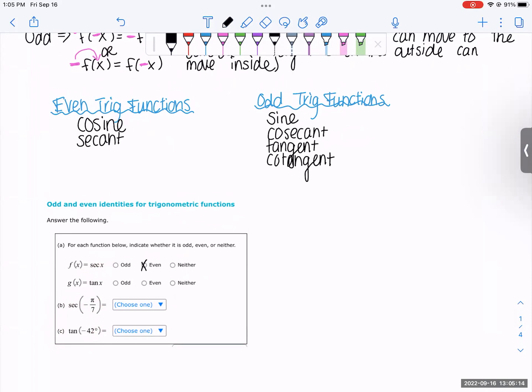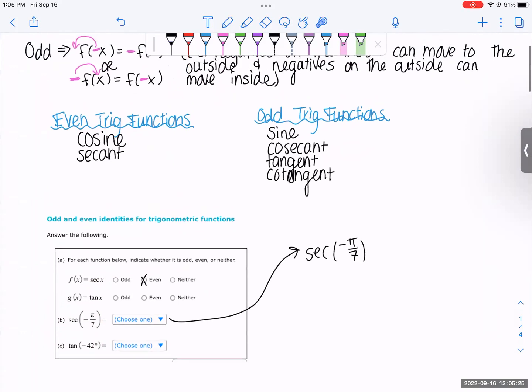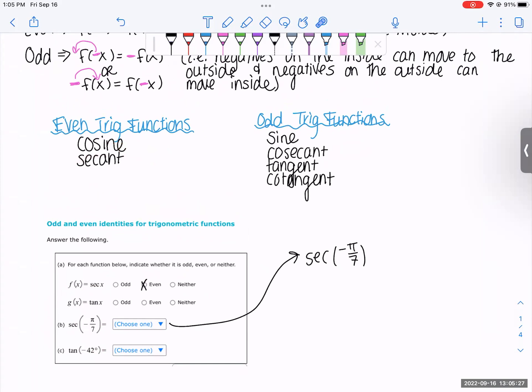If we look at this very first problem here, secant of negative pi over 7, because there is a negative on the inside and because secant is an even function, it means we can just ignore the negative. That's it. Because secant is even, secant of negative pi over 7 is the same as secant of pi over 7. And that drop-down menu would have secant of pi over 7 as an option.